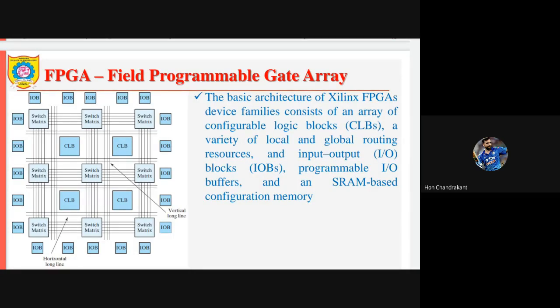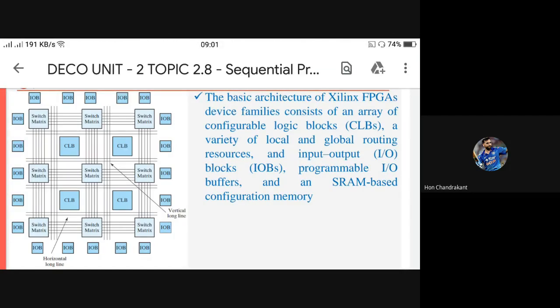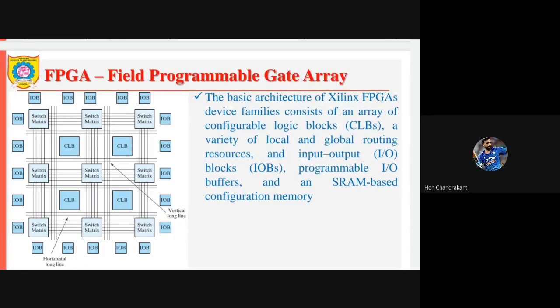For the purpose of outputting, there are the IOBs, that is input output blocks. There are also programmable IO buffers and SRAM, that is static RAM. All of these are based on these switch matrices, which you are able to see.